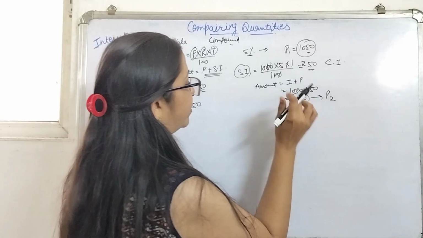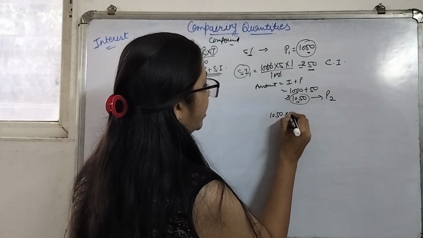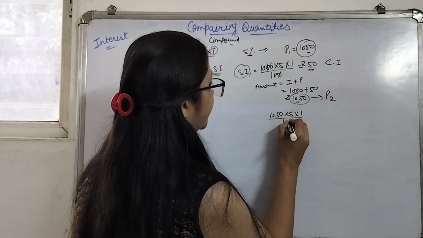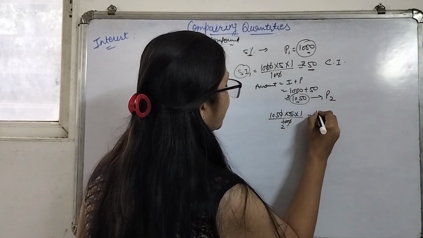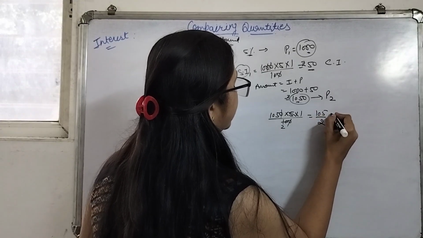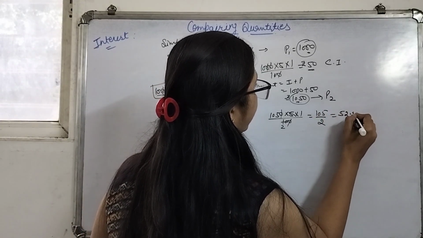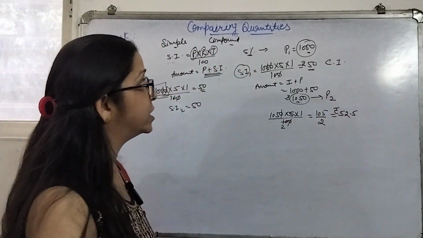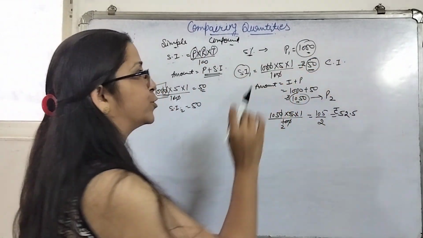So here, principal P into R, which is 5, time is again 1 year, upon 100. So 0, 0 cancelled, 5 2s are 10. It is 105 over 2, that is 52.5. That means for the first year, compound interest was 50 and simple interest was also 50.